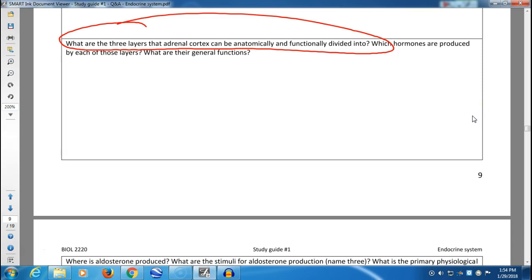What are the functions of aldosterone? 2 main stimuli: low BP and high potassium. So if blood pressure is low, what does aldosterone do? Increases water retention in the kidneys, right? Increases blood volume. It's actually via renin.